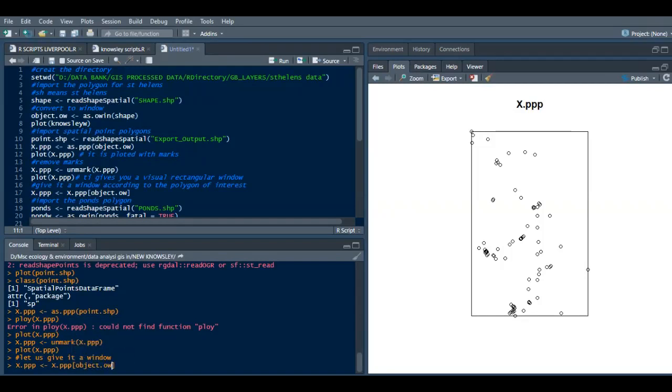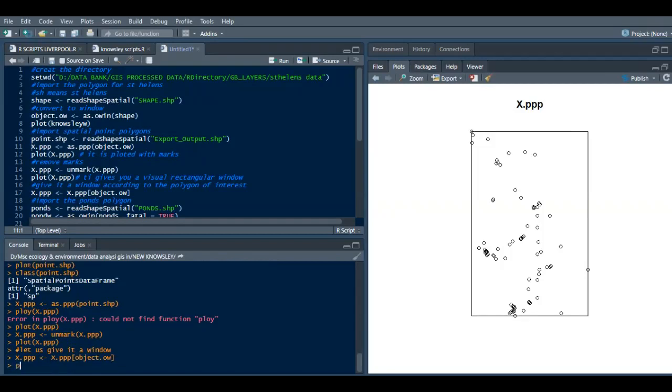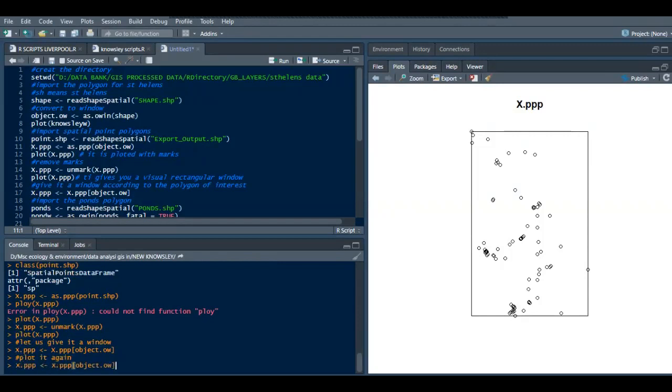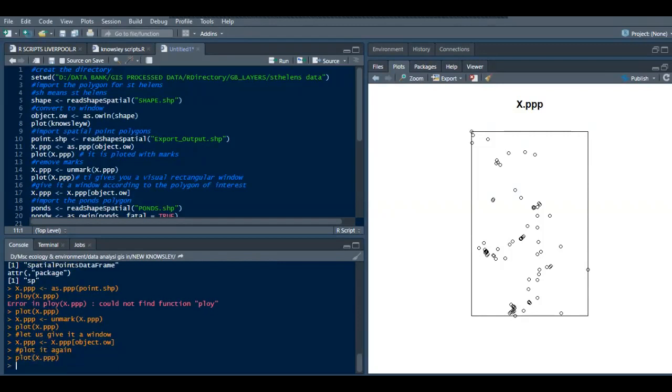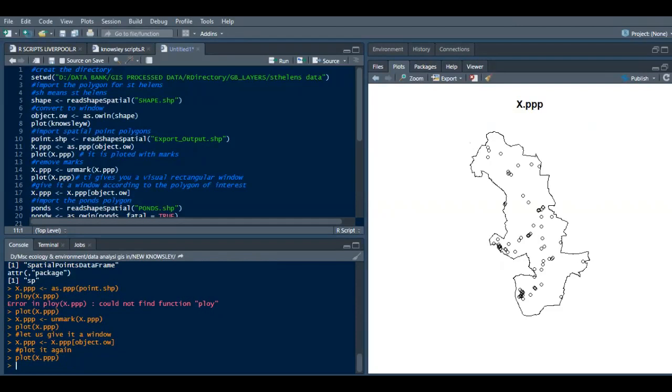Remember, that was the name of the other thing. When we run and plot it again, you see the points have already gone in there.